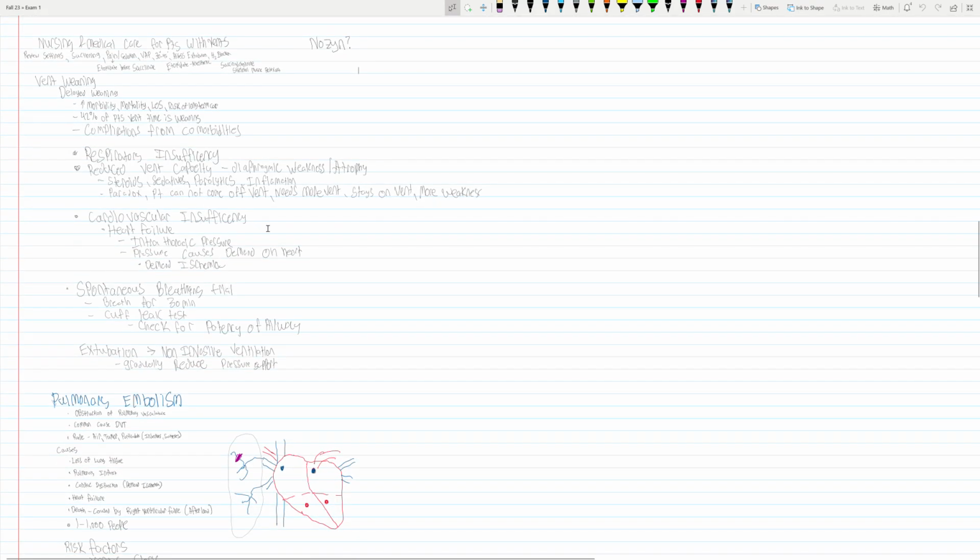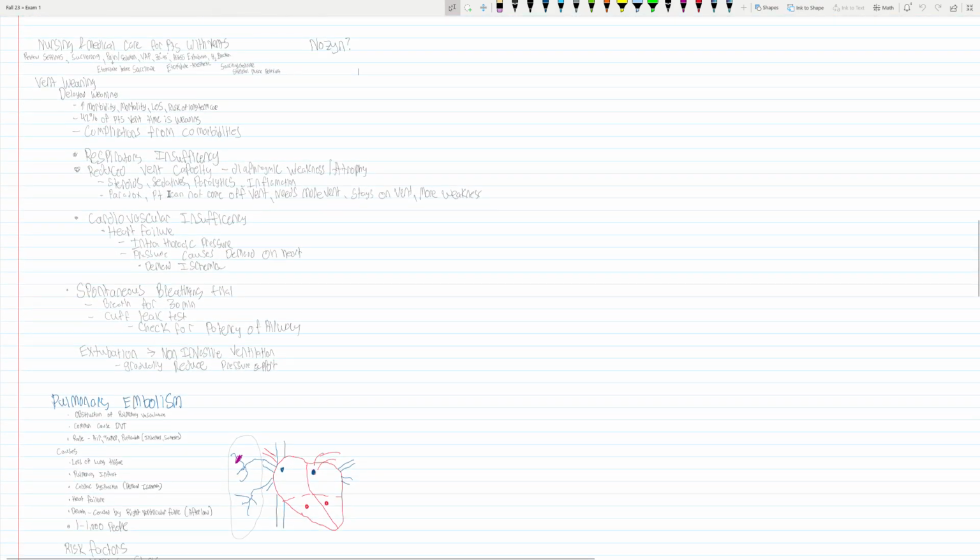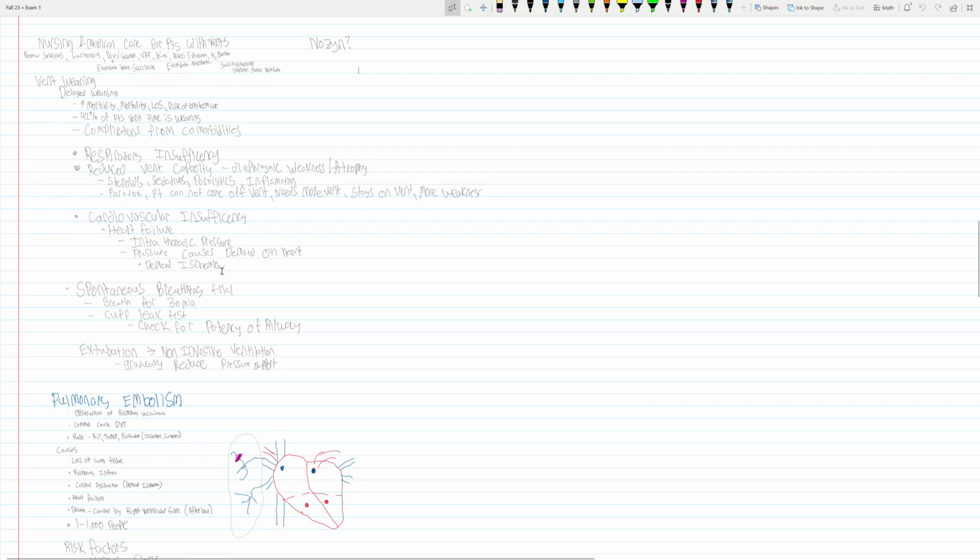With cardiovascular insufficiency, like I said, one of the complications for comorbidity is going to be heart failure. If a patient has heart failure, when we reintroduce this intrathoracic pressure from the patient ventilating themselves, so we have that diaphragm and those intrathoracic muscles contracting and expanding, we're actually putting pressure on the major vessels, and we're also increasing the pulmonary artery resistance.